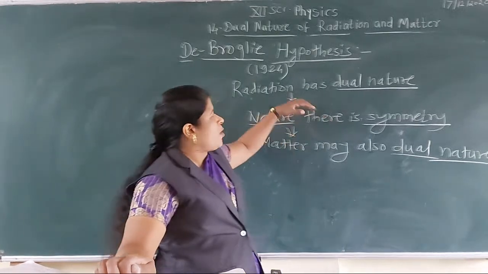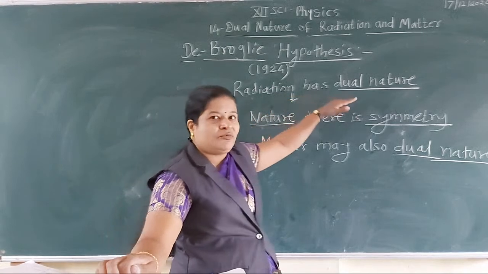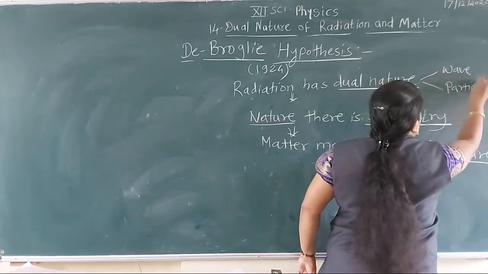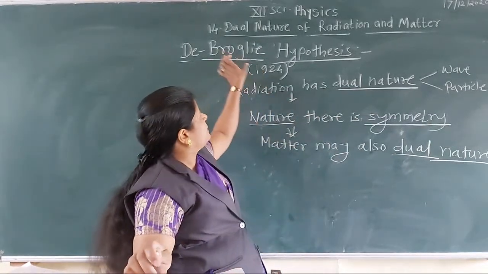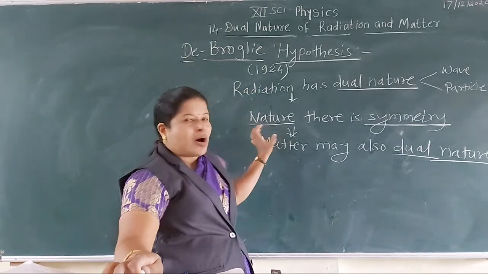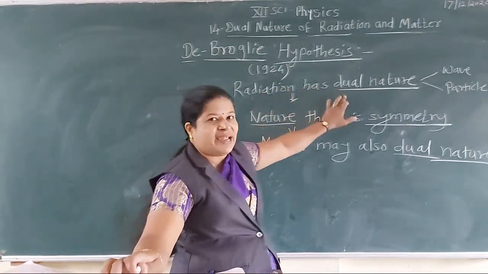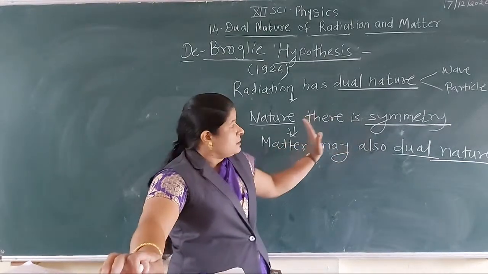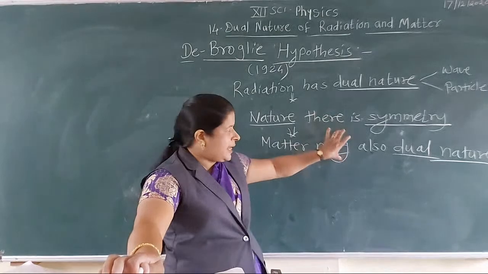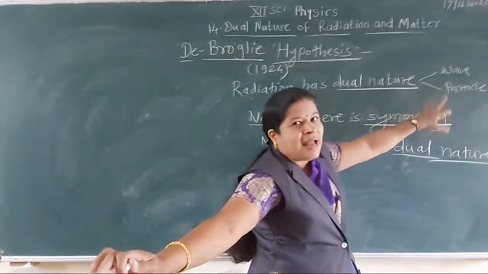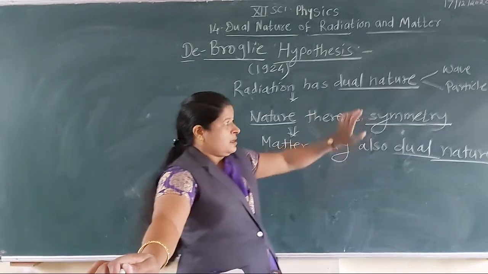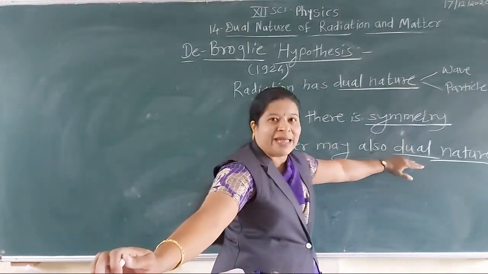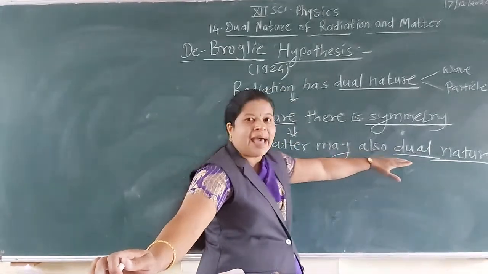What we studied up to this point is that radiation has dual nature, wave and particle. Now, the scientist de Broglie proposed that if radiation has a dual nature, then in nature there is a symmetry, and according to him, if radiation has a particle and particle is associated with matter, then matter may also have dual nature.